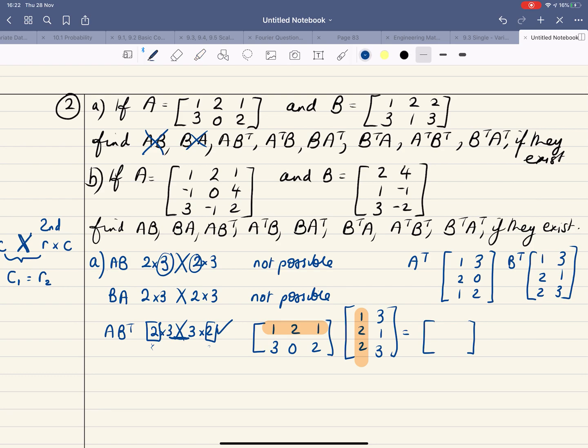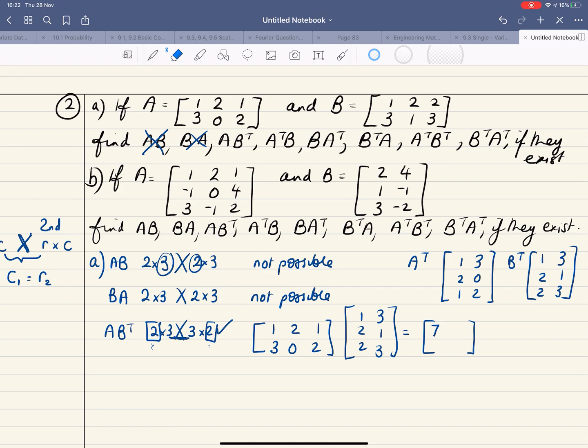So top here, first row, first column. You multiply the first row here with the first column here, and it's 1 times 1 plus 2 times 2 plus 1 times 2. So it's 1 plus 4 is 5 plus 2 is 7. Okay, I can rub that out.